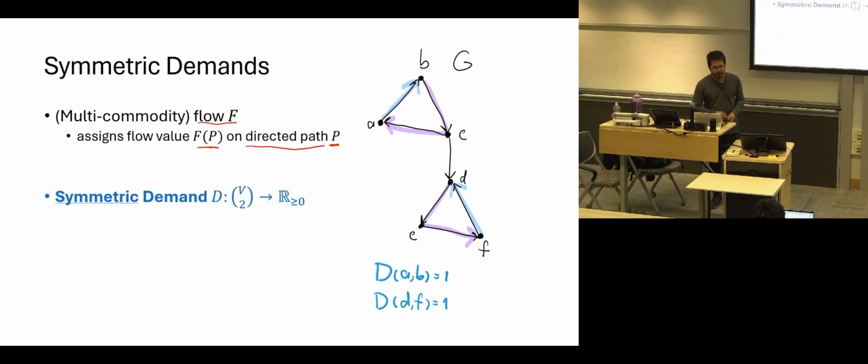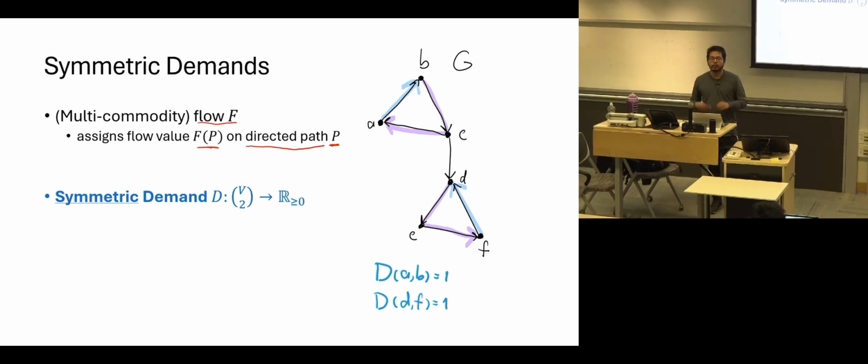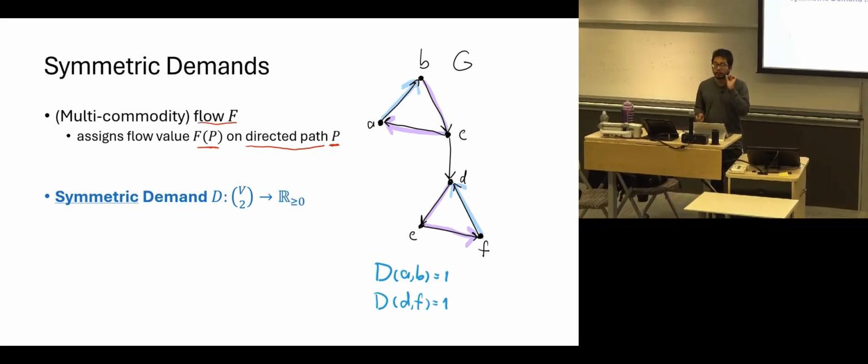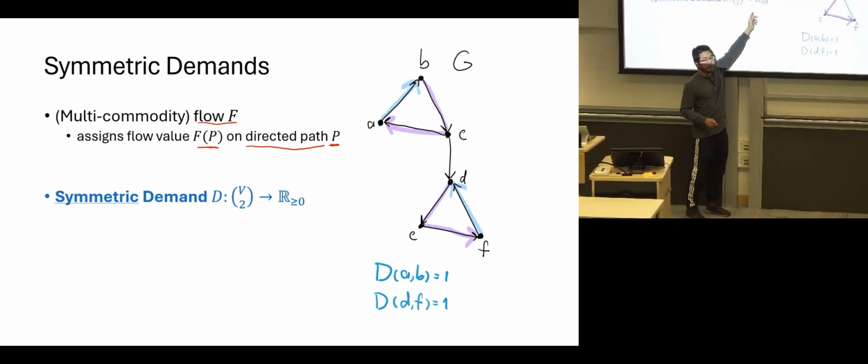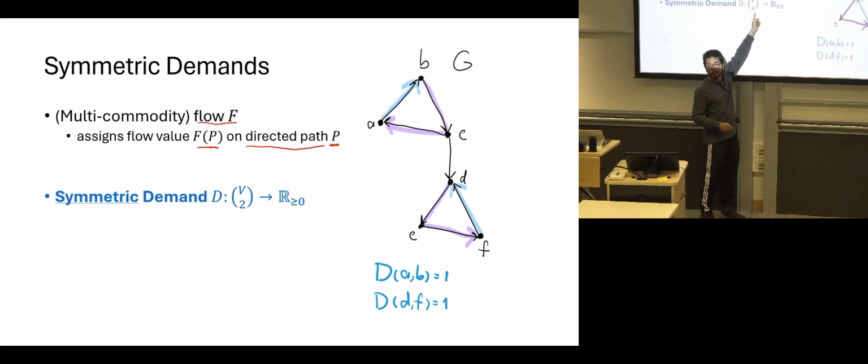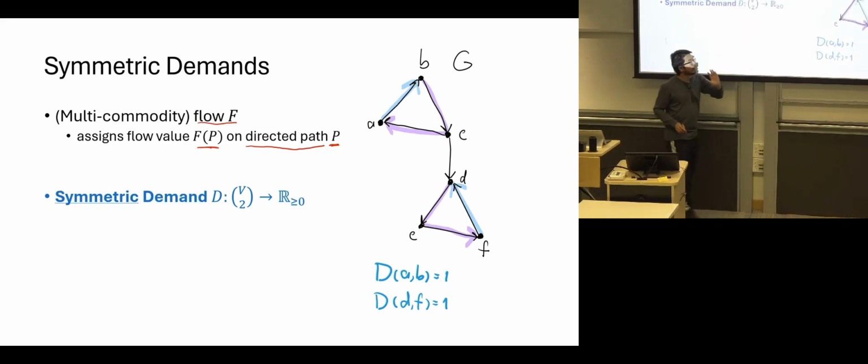And now we can talk about demand. So far in our class, when we talk about demand, we usually just talk about symmetric demand. And today, I want to stress that we really talk about symmetric demand. So the demand assigns some value to each unordered pair of vertices.